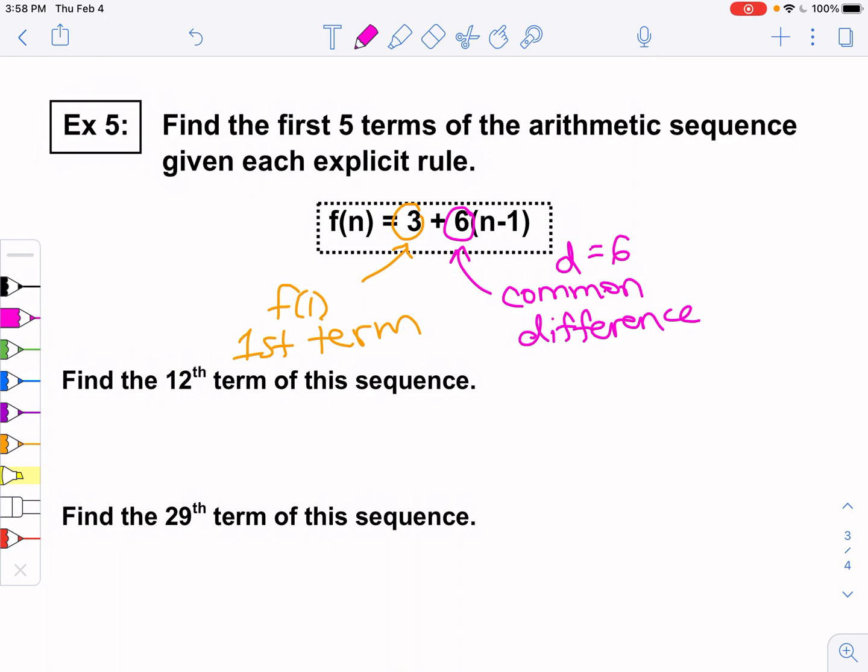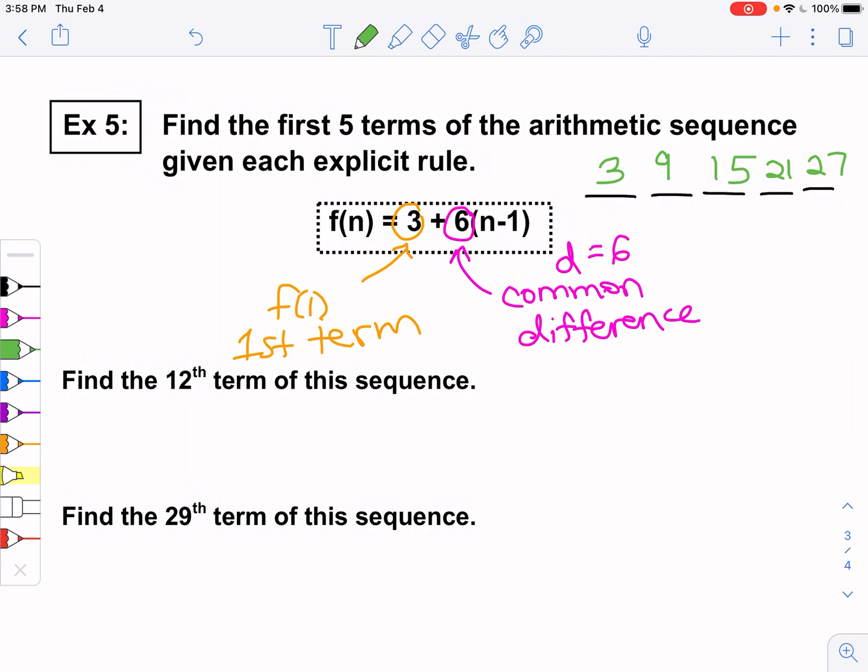Okay, so when we find, we're going to list the numbers first. So if I start listing them, 1, 2, 3, 4, 5, I'm going to start with my 3, and I'm going to add 6. So plus 6 is 9, plus 6, plus 6, plus 6.